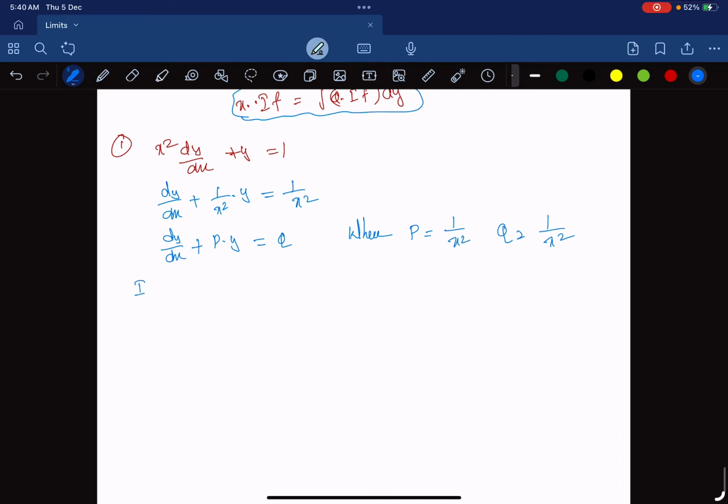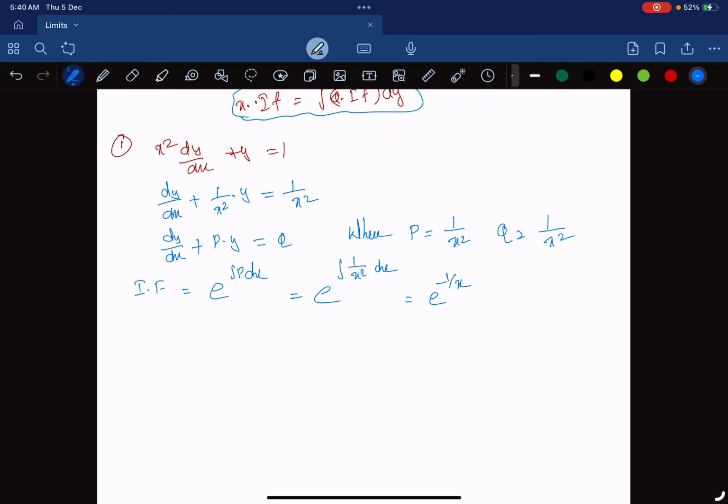First find the integrating factor. IF is equal to e power integral of p dx, which is e power integral of 1 by x square dx. The integral of 1 by x square is minus 1 by x, so IF is e power minus 1 by x.